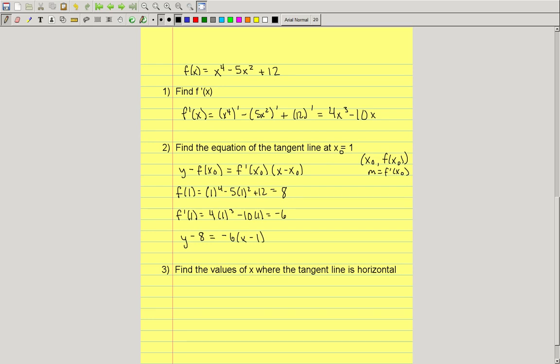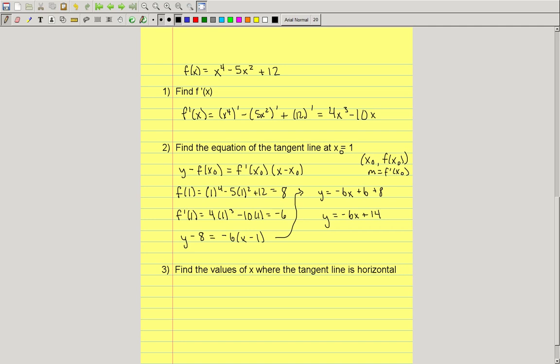We'll go ahead and rewrite this over here as y equals negative 6x plus 6 plus 8, adding 8 to both sides and distributing my negative 6. And that leaves me with, lastly, my equation of my tangent line as y equals negative 6x plus 14.